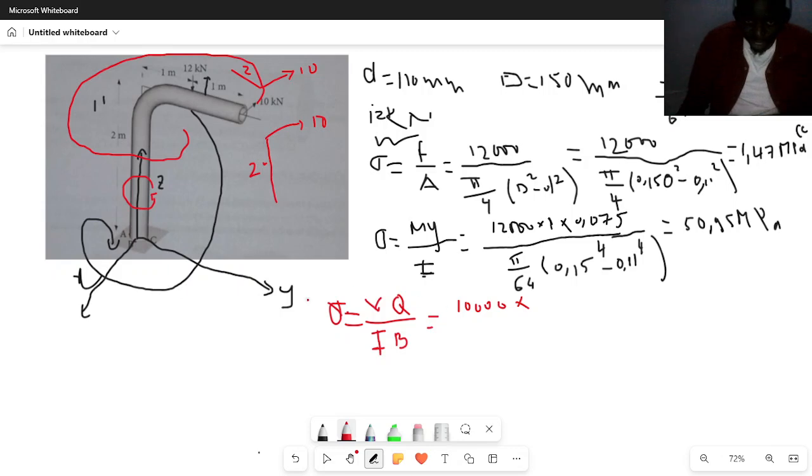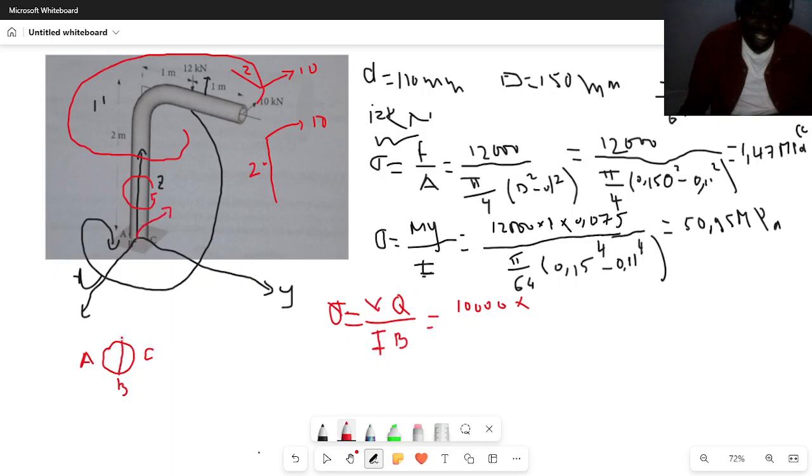Multiply by Q. What is Q? Remember, we study a centroid. Always remember this scenario that I always show you. If you look at it in 2D, this is how it is. You have A, you have B, and you have C. This force 10 kilonewton is acting where B is.